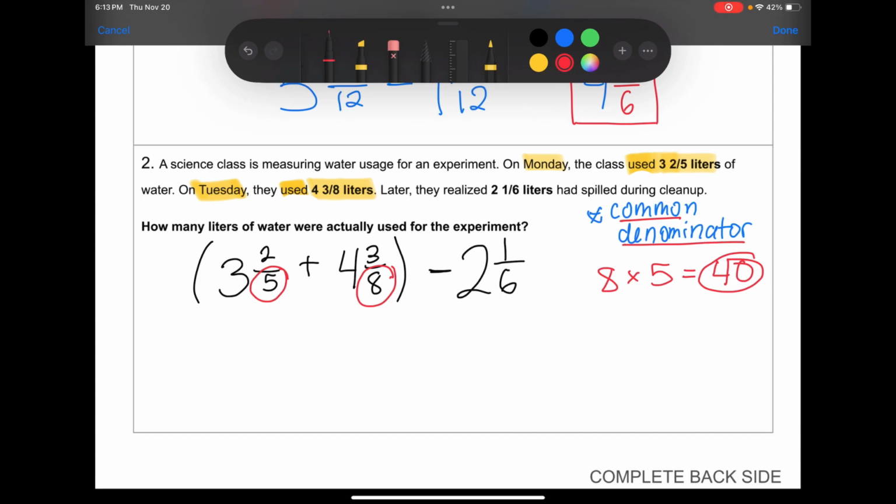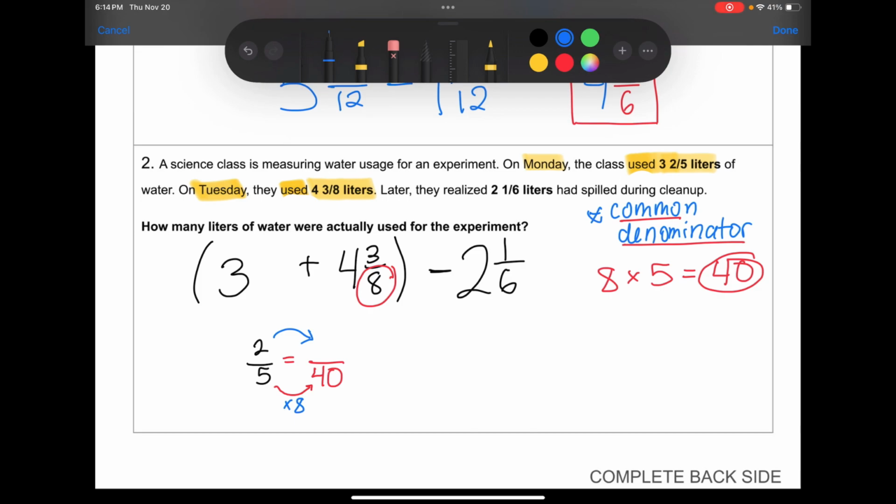So now let's rewrite it. Instead of, and I'm going to grab this fraction, instead of 2/5, if we changed it so the denominator was 40, what do I have to multiply 5 with to get 40? That's right, I have to multiply 5 by 8. And whatever we do at the bottom, we do at the top.